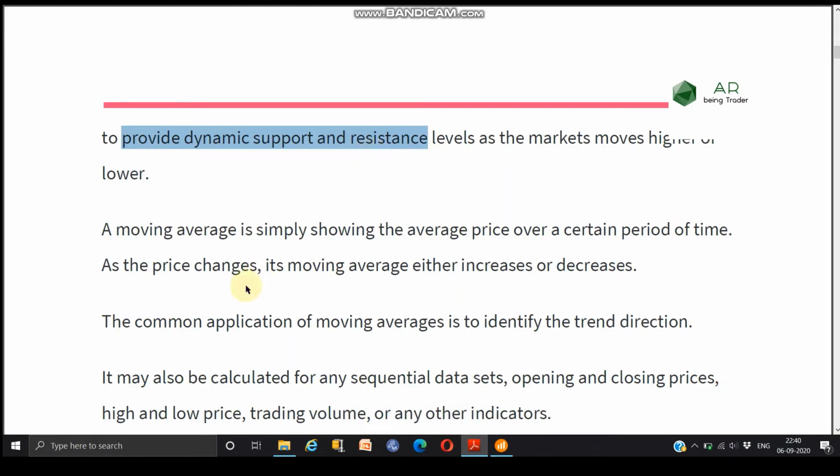Now, a moving average is simply the average price. The name itself tells us that it is the average of the past period.